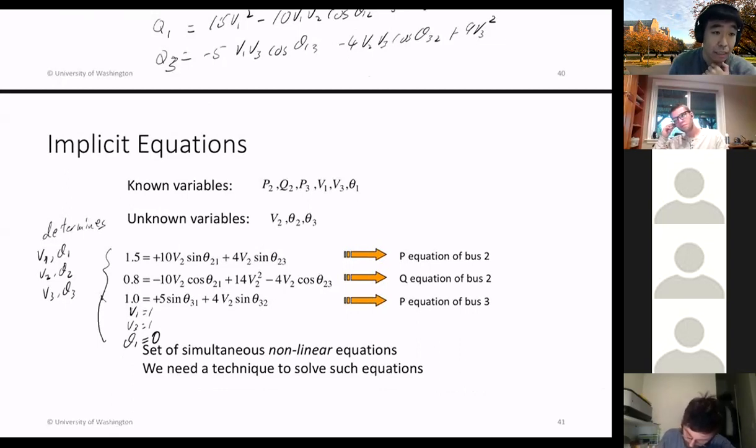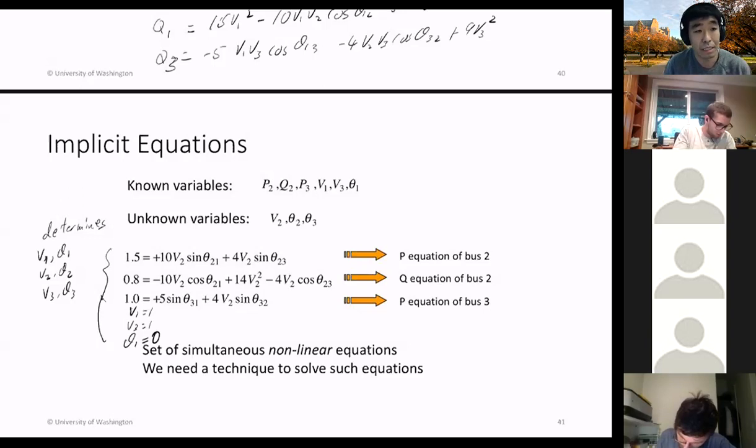We can set theta 1 to be 0. But if I don't set it to 0 and set it to any arbitrary number, does the solution change? The solution doesn't change, because I can change all the angles by the same amount. So setting theta 1 equal to 0 is almost a dummy variable.